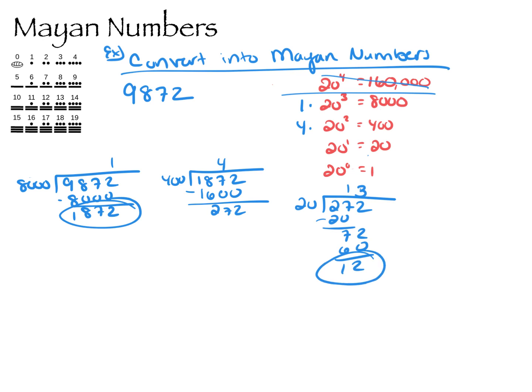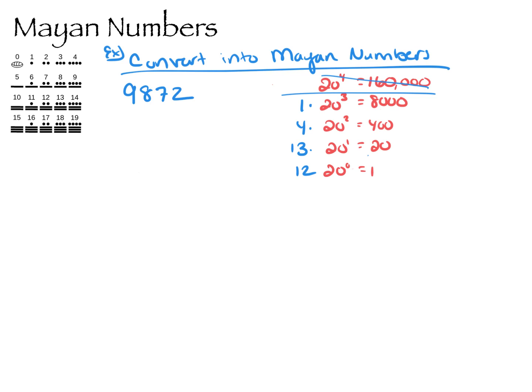Okay, now we can write these. So now we have 13 20s and 12 1s. Let me give myself some room, get the division out of the way. Better. So that tells me I can write this on the bottom as a 12 is 5, 10, 11, 12.